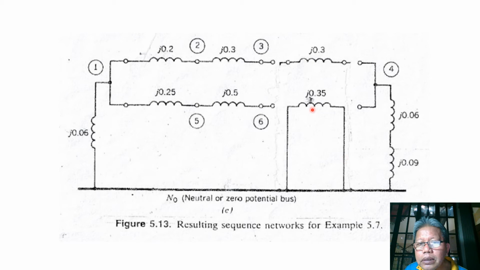But since the windings are delta-delta connected, zero sequence current will just circulate in this loop. It cannot go out to the primary side or to the secondary side. So it's just circulating without any effect on the rest of the network. So this is how we represent our zero sequence network.